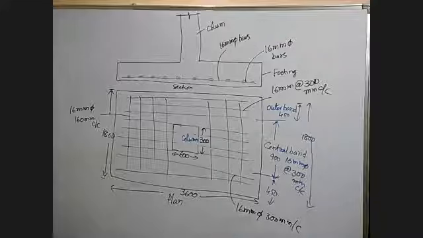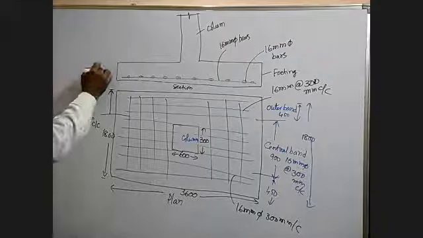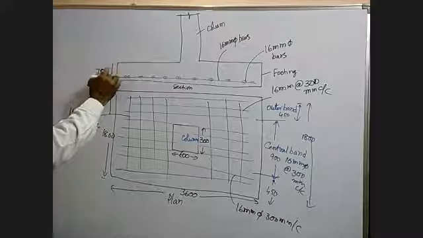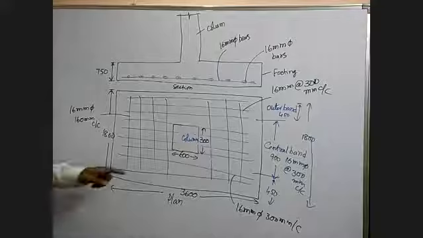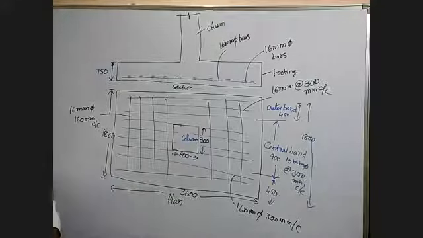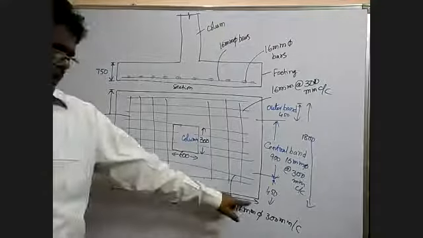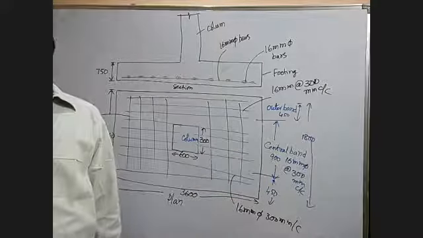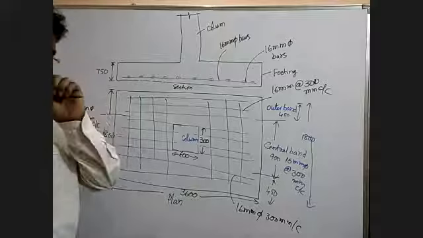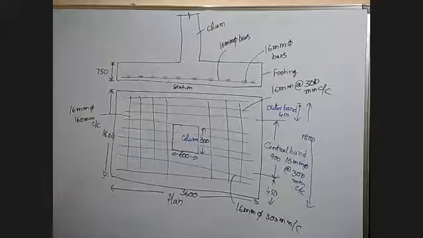The depth of the footing is 750 mm, and the column size is given as 600 by 300. The footing dimensions are 3600 in the longer span direction and 1800 in the shorter span direction.